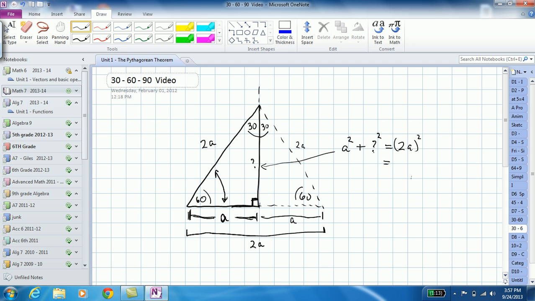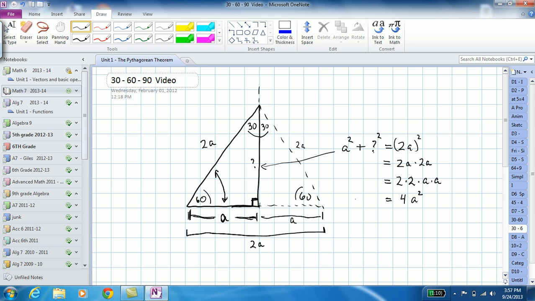So that's saying 2a times 2a, the hypotenuse squared. And that, using the commutative property we've talked about in class, can be rearranged to be 2 times 2 times a times a, and of course, 2 times 2 is 4, a times a is a squared.